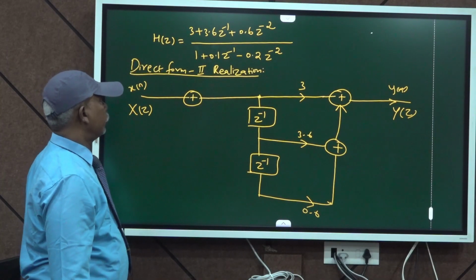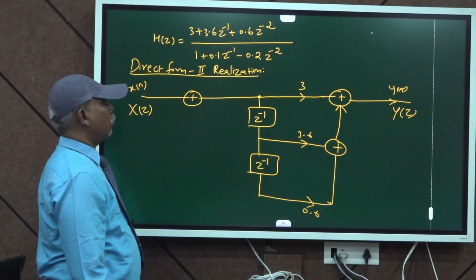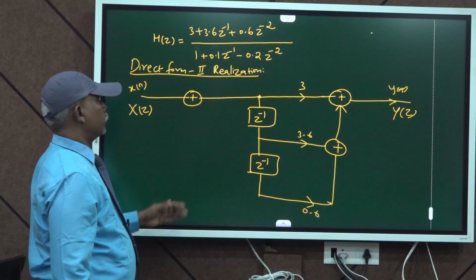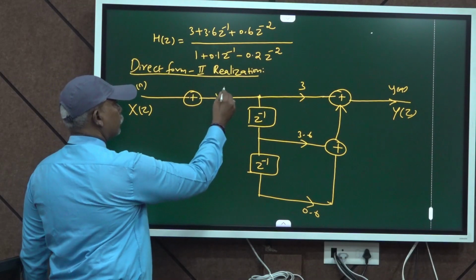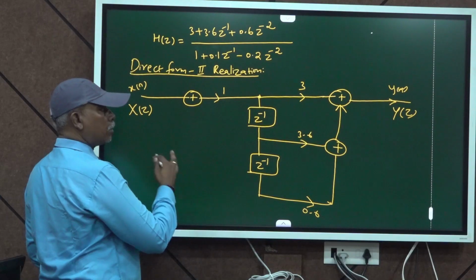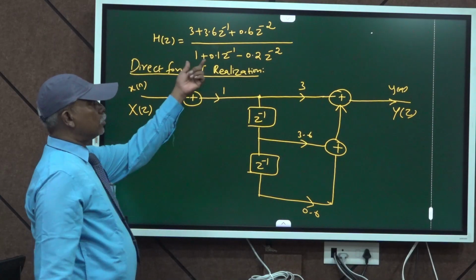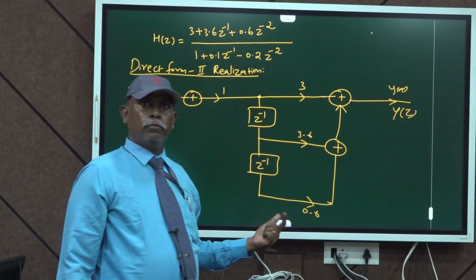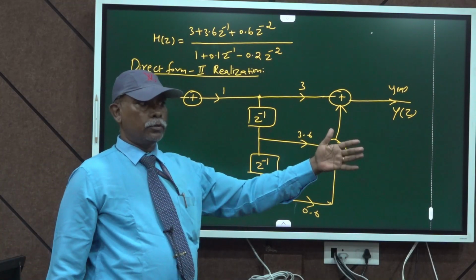Then you take the output side. The output side should be shifted to the input side of your structure. So 1 is only forward, and all others are feedback, because y of n minus 1 and y of n minus 2 are called feedback. Why is it feedback? Y of n is the output.